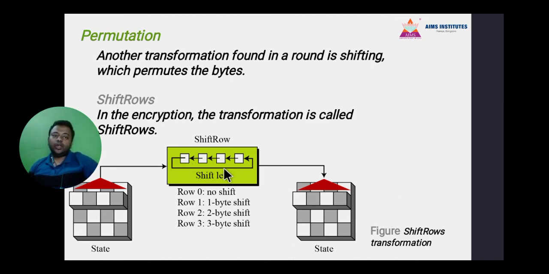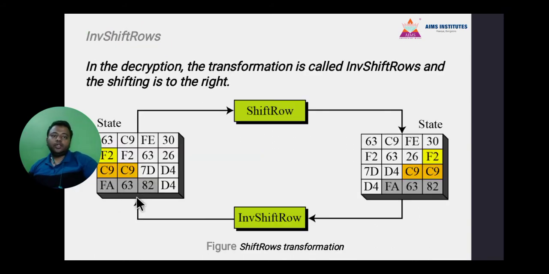For example, if I have to shift by one row, this row will go to the last, and the last one will go to the second last, and so on, and the second position goes to the first position. This is how the rows are shifted as per the algorithm, according to how much it wants to shift the rows. Then the inverse of it will rectify it back to the first state, the plain text format.